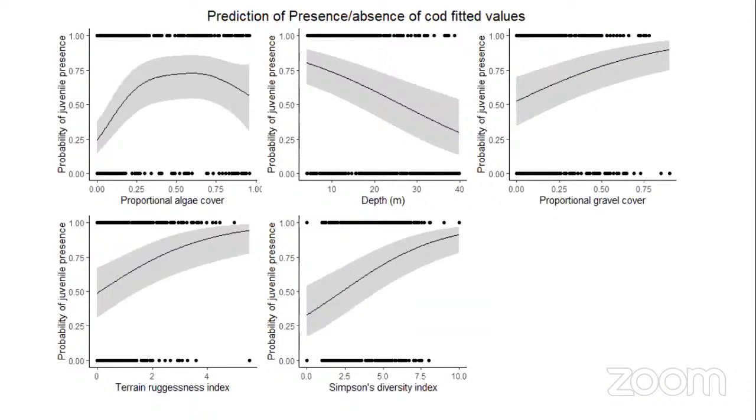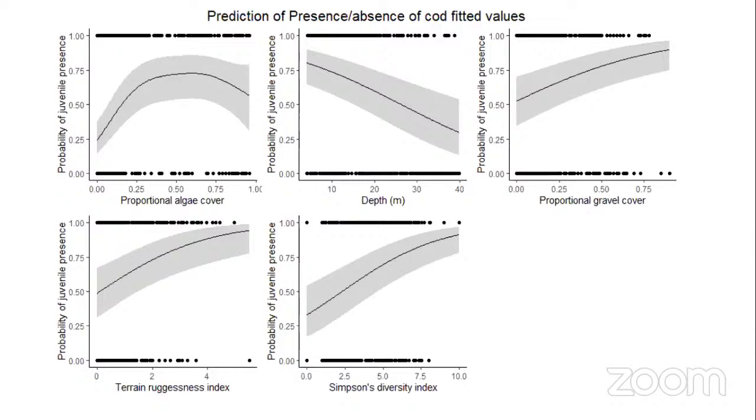What we do know is what drives the likelihood of seeing our three different focal species. For each one of these, the y-axis is the probability of the species being observed. And what we have are the different significant drivers for cod. Starting from the left, they like more algae up to a point, up to around 50 to 60% algae, so you're more likely to see them, tailing off towards very high coverage.